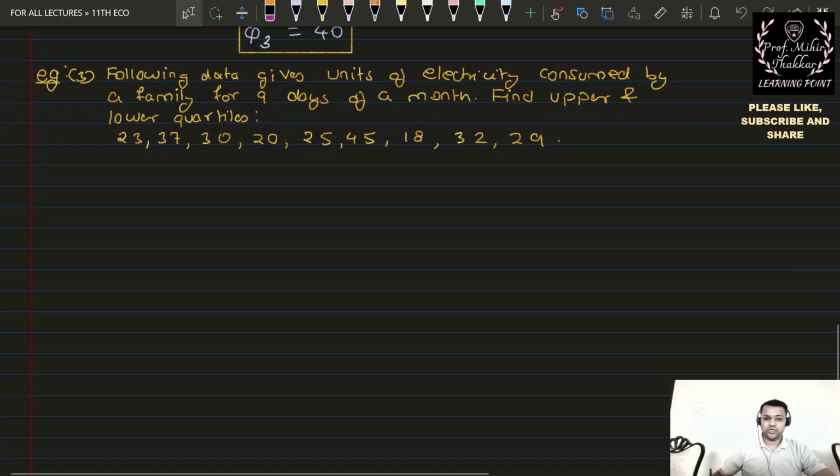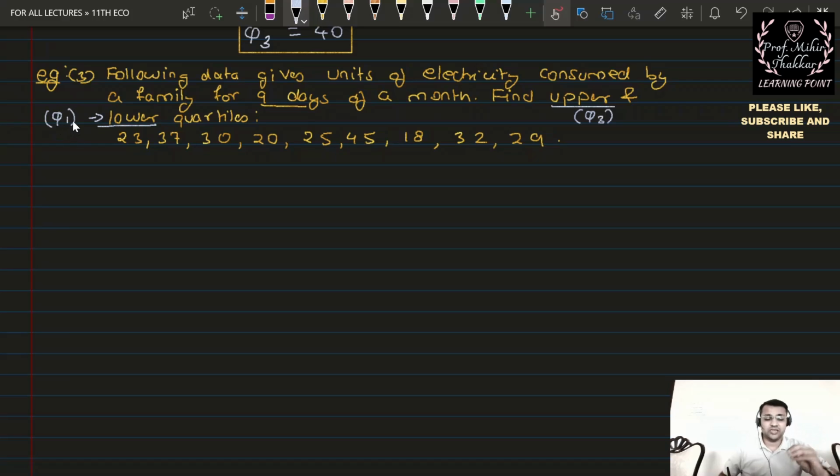Yes, guys, one more example that you have over here is the following data gives units of electricity consumed by a certain family for 9 days in a month. We have to find out the upper quartile and the lower quartile. When you have to find the upper quartile, you have to find the value of Q3. When you have to find the lower quartile, you have to find the value of Q1.